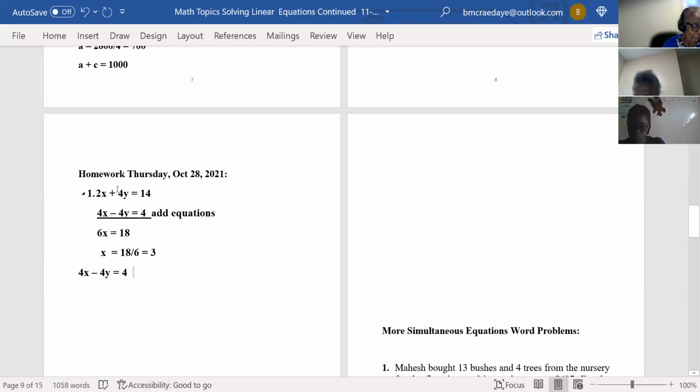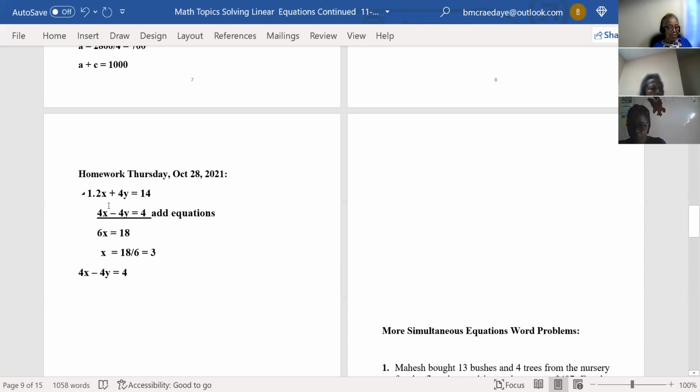Remember when you add two entities, whether they are constants or variables or constant variable combinations, if they're the same value, one is plus and one is minus, you get 0. And then 14 plus 4 is 18. I see. Okay. So you added these equations and eliminated the y because the plus 4y and minus 4y gave you 0. Got it?